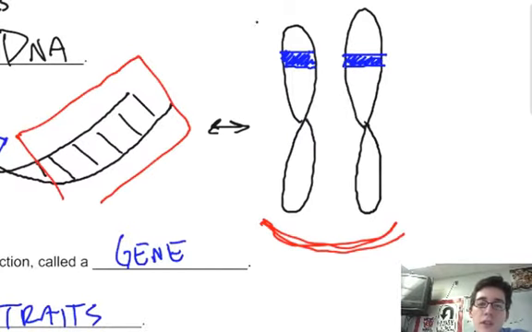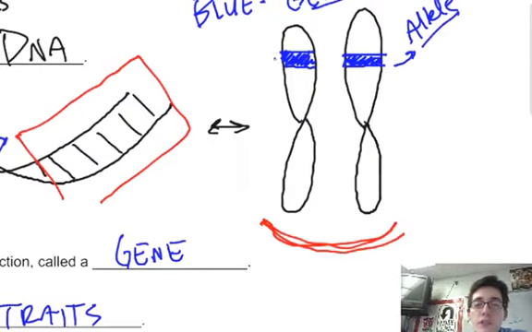Okay, so the blue equals the gene. Okay, this one is an allele. It is one of the 2 genes, and this one is also an allele. Okay, so again, DNA is the hereditary information. In the DNA, you have genes.